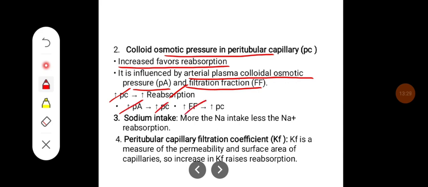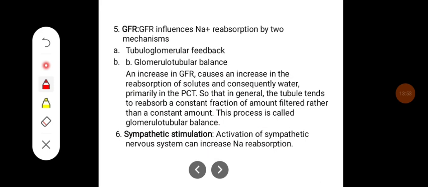If filtration fraction increases, the peritubular capillary pressure is also going to increase. Sodium intake: the more the sodium intake, the less the sodium reabsorption. It also depends on peritubular capillary filtration coefficient, Kf, which is a measure of permeability and surface area of the capillaries. So an increase in Kf raises the reabsorption.